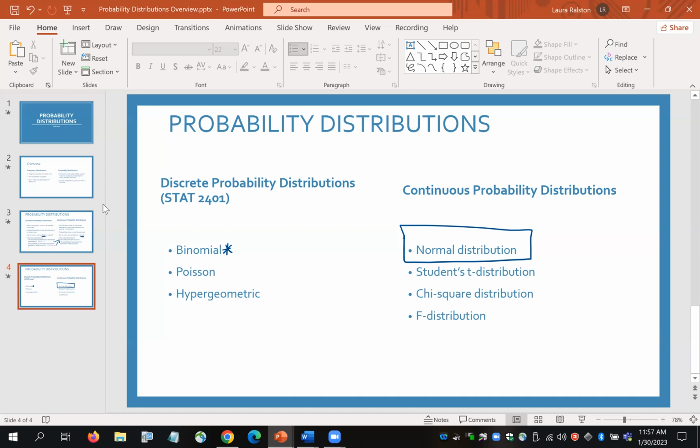So the normal is probably one of the most important probability distributions. It's one of the most useful that you see in statistics. And so our attention on Wednesday will be on that normal distribution.